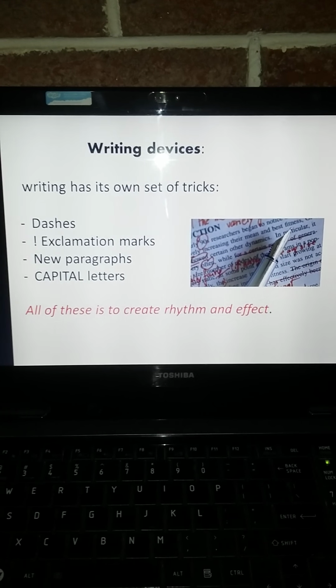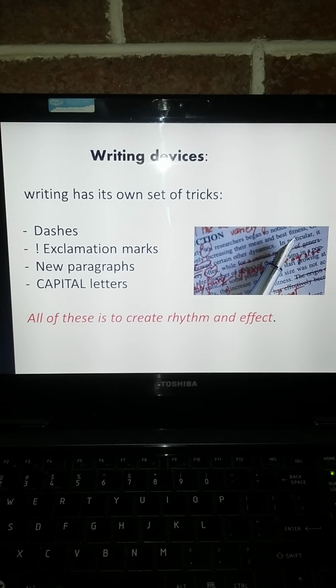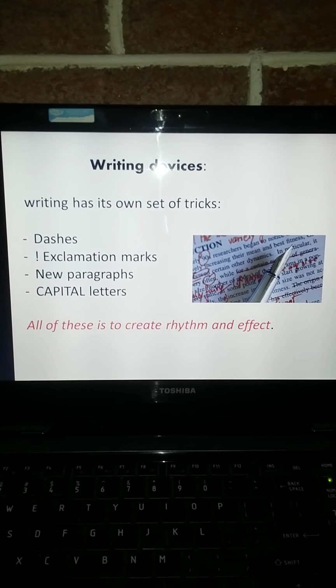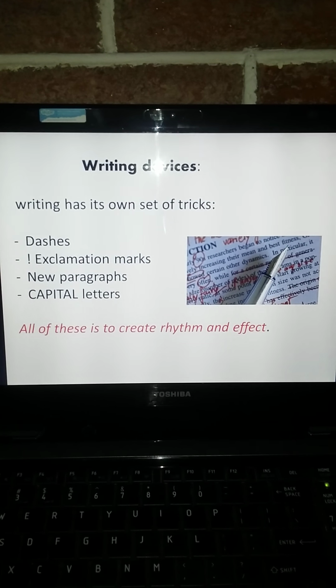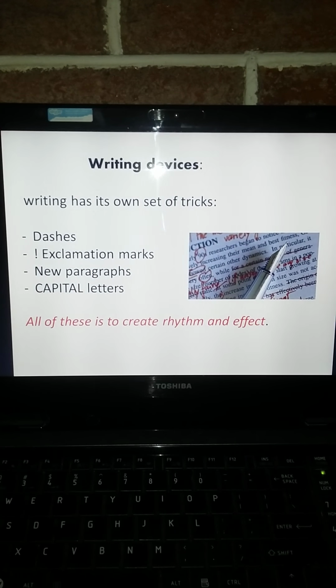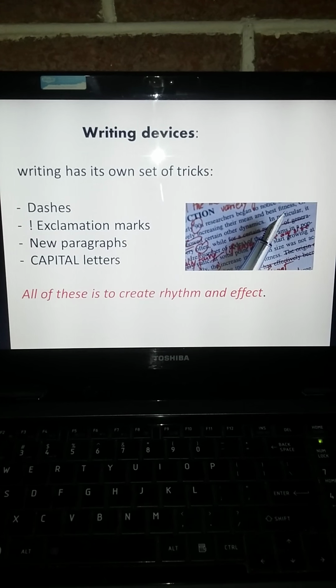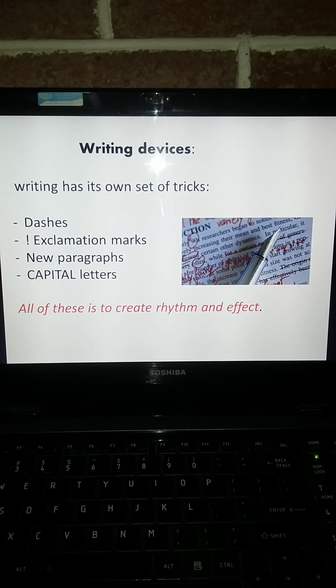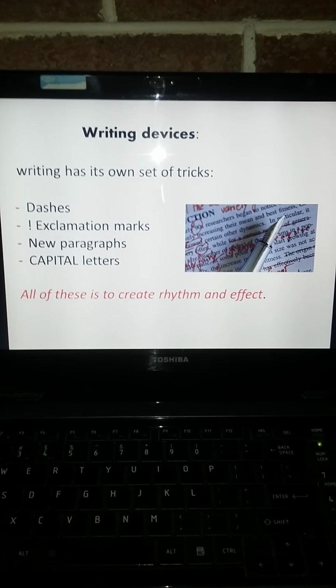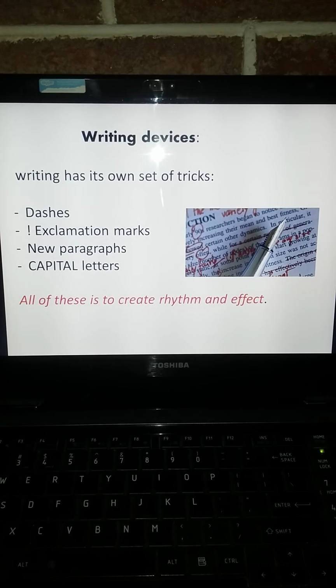All of this can be used to create rhythm and effect. Whereas in speech, the participants can clarify what they're saying as they're going along. In writing, it's much more important because we don't know what they're trying to say unless they use, for example, an exclamation point to mark something.